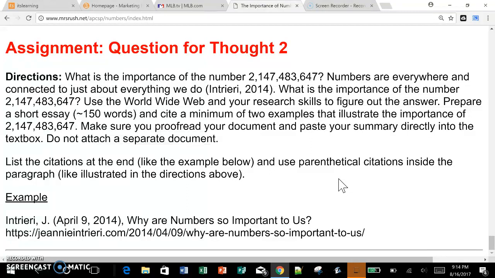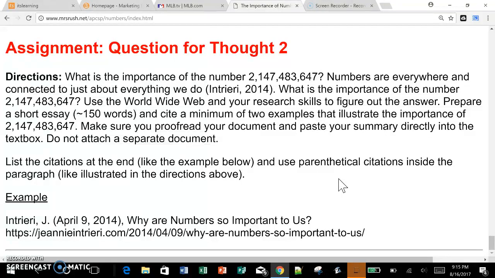Use the World Wide Web and your research skills to figure out the answer. You will prepare a short essay of approximately 150 words, and yes, I do count, and cite a minimum of 2 examples that illustrate the importance of 2,147,483,647.